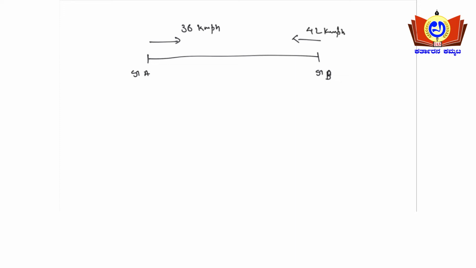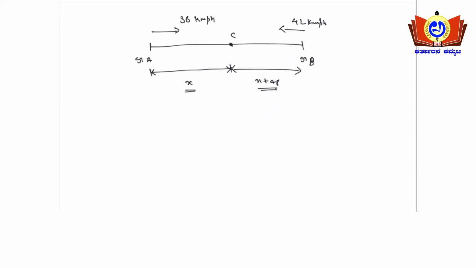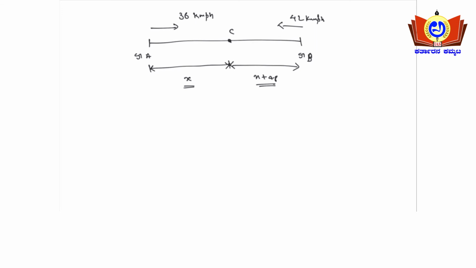At some point they will meet; let us take it as C. If from A to C we consider the distance as x, then B to C will be x plus 48, as 48 kilometers more is given. Distance and speed are different, whereas time taken is the same, so we need to equate the time. T1 equals T2.